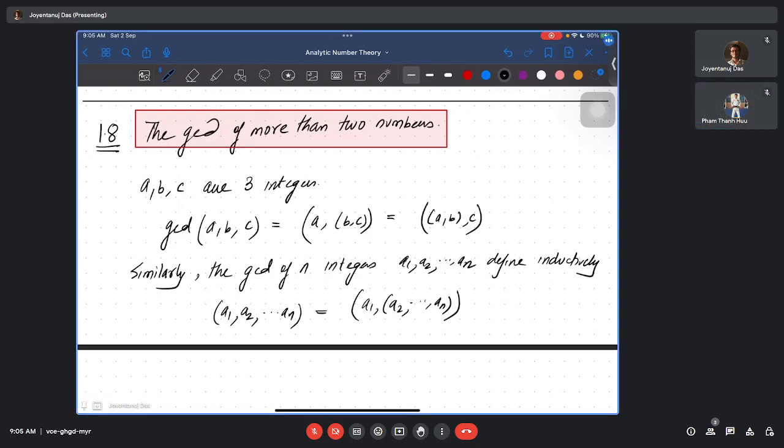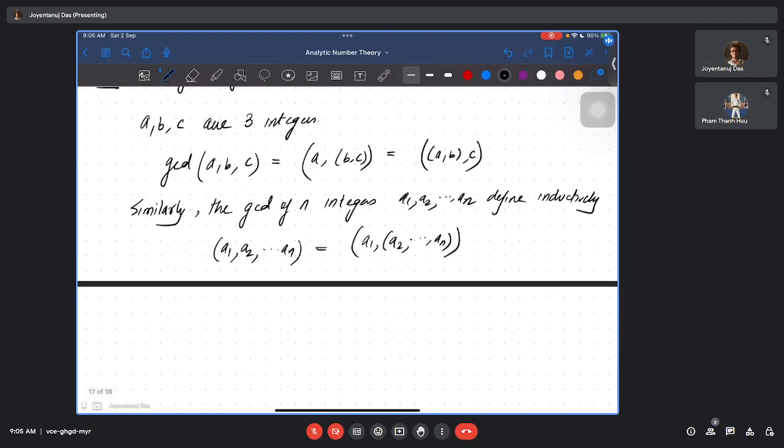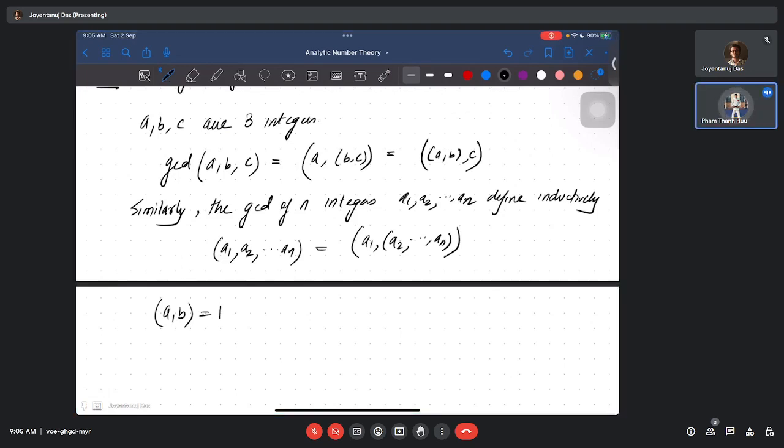So if the GCD of A and B is 1, then we say that A and B are relatively prime, right? So if D is 1, then we say this is relatively prime.